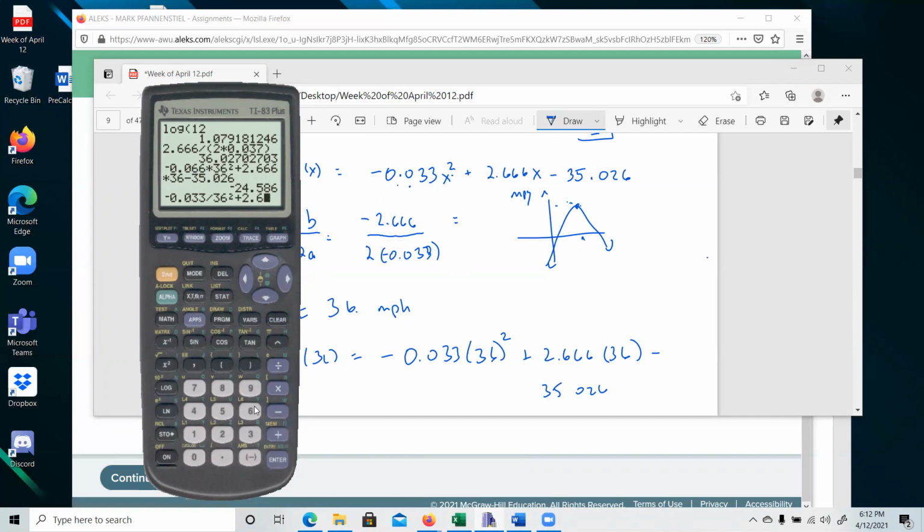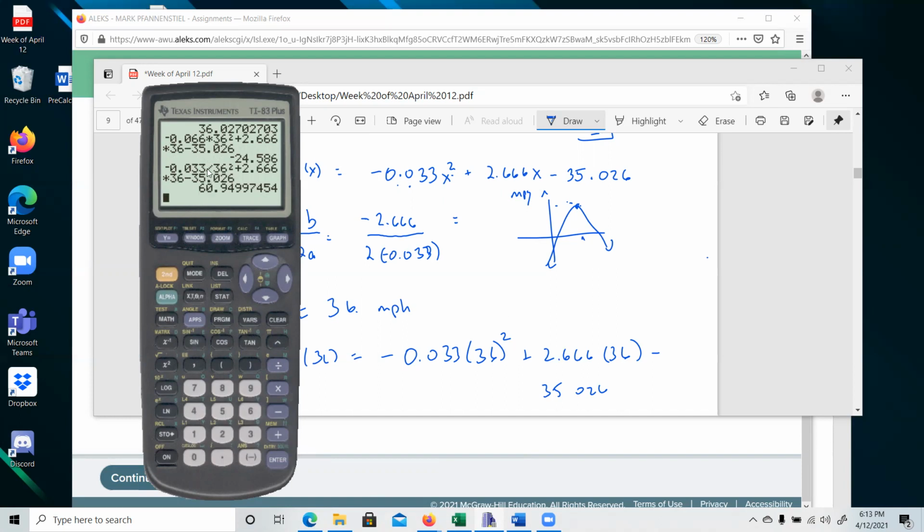Because having a negative gas mileage, right? That wouldn't make any sense at all, no matter what speed you're going. If I go slow enough, I'll put extra gas in my car. It doesn't work that way. I wish. There you go.